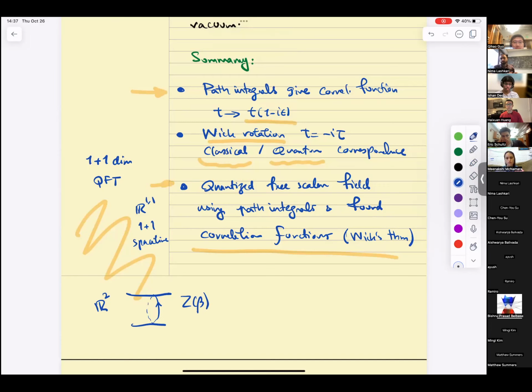What happens is that there will be both quantum and finite temperature fluctuations. Both of them are present. Okay, any other questions?